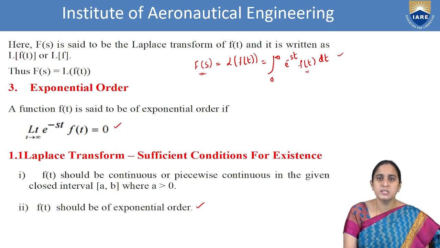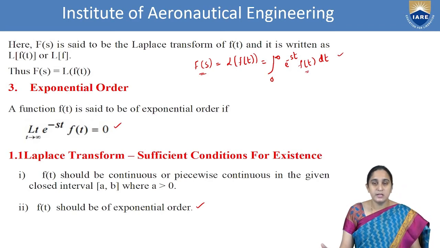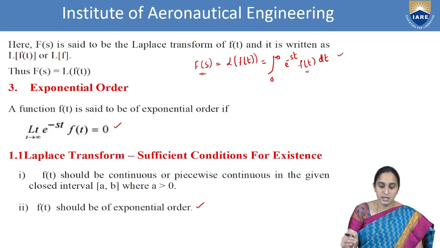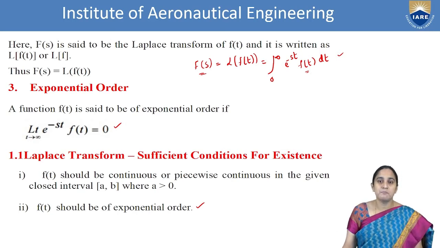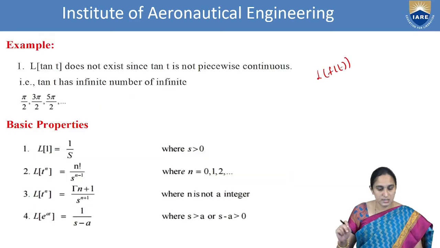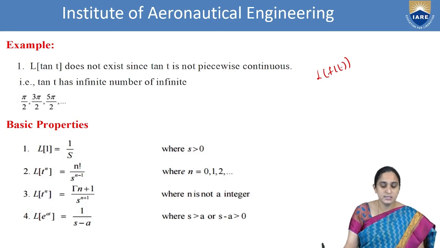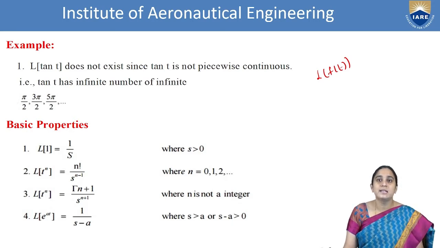If the two conditions are satisfied, that is, first f of t should be continuous or piecewise continuous in the given closed interval a comma b where a is greater than 0, and second f of t should be of exponential order, then the Laplace transform exists. Next, an example: Laplace of tan t does not exist since tan t is not piecewise continuous.